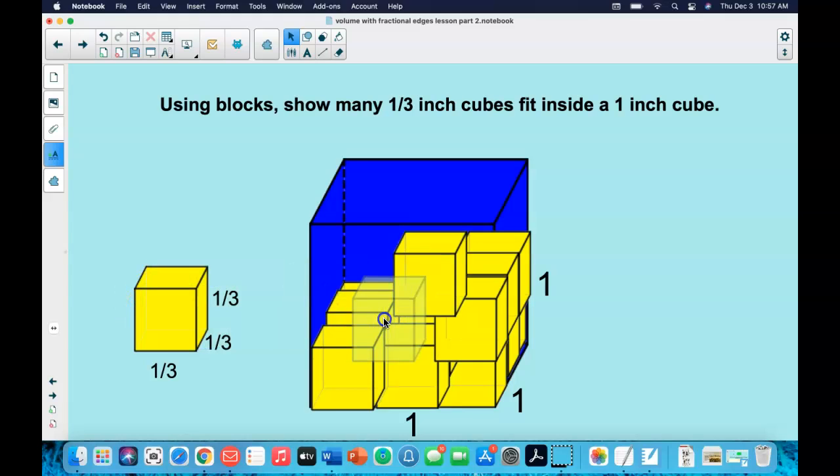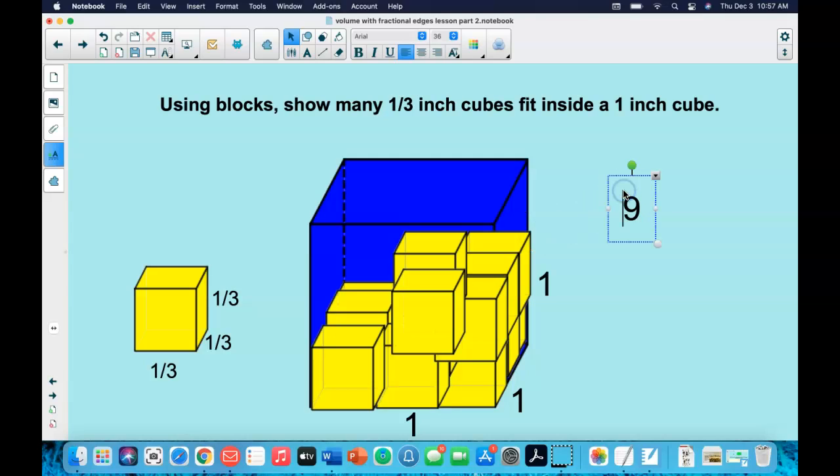So I could just keep doing that. So 9 on the bottom, 9 in the middle, 9 on the top.